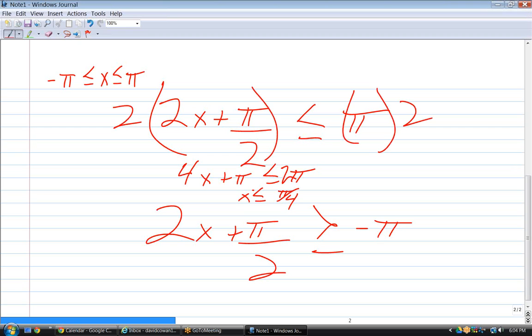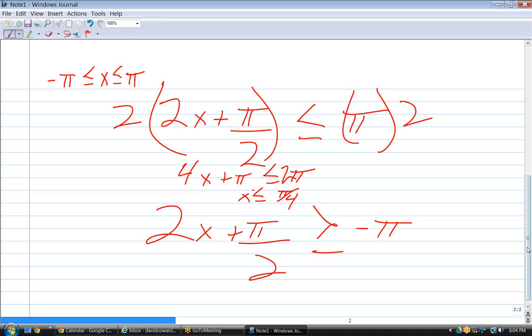Oh, okay. Then I move the pi over, and I got 4x is less than or equal to pi, so x must be less than or equal to pi over 4. That makes sense, because any x greater than that will make this whole thing greater than pi.